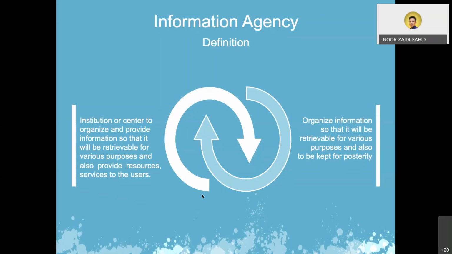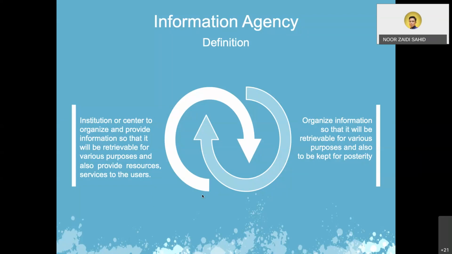Kita boleh panggil dia as the information provider as well. The information agency is the information provider that normally provides information for their community, or for a specific user. And an information agency organizes information so that it will be retrievable for various purposes and also to be kept for posterity or for heritage.